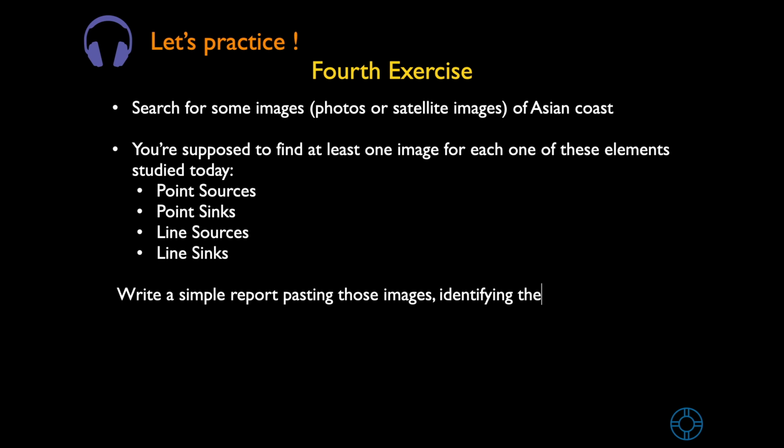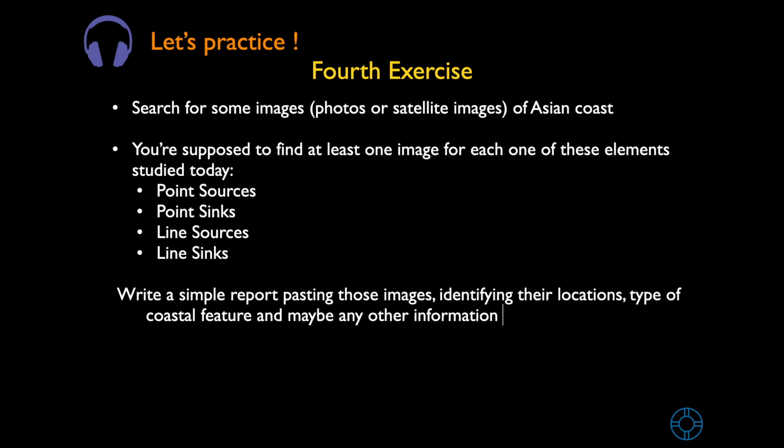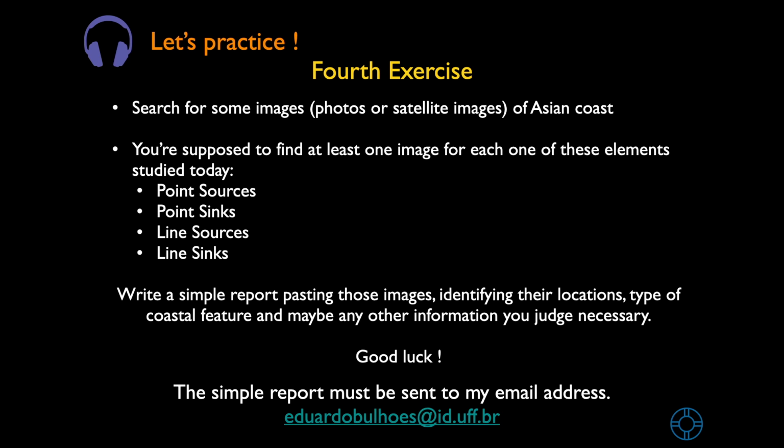Write a simple report, pasting those images, identifying their locations, type of coastal feature, and maybe any other information you judge necessary. Good luck! The simple report must be sent to my email address.